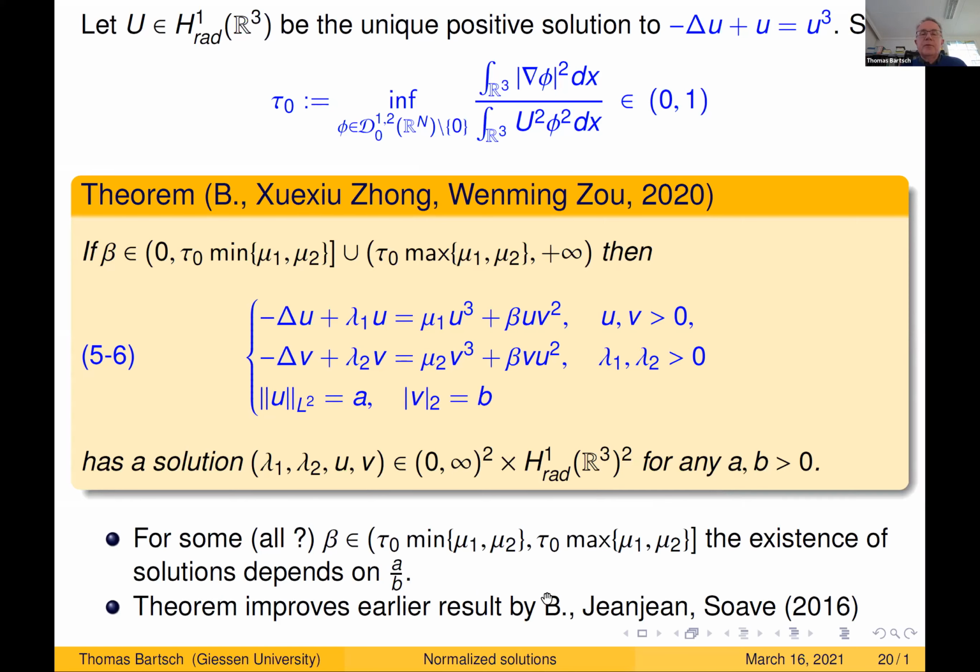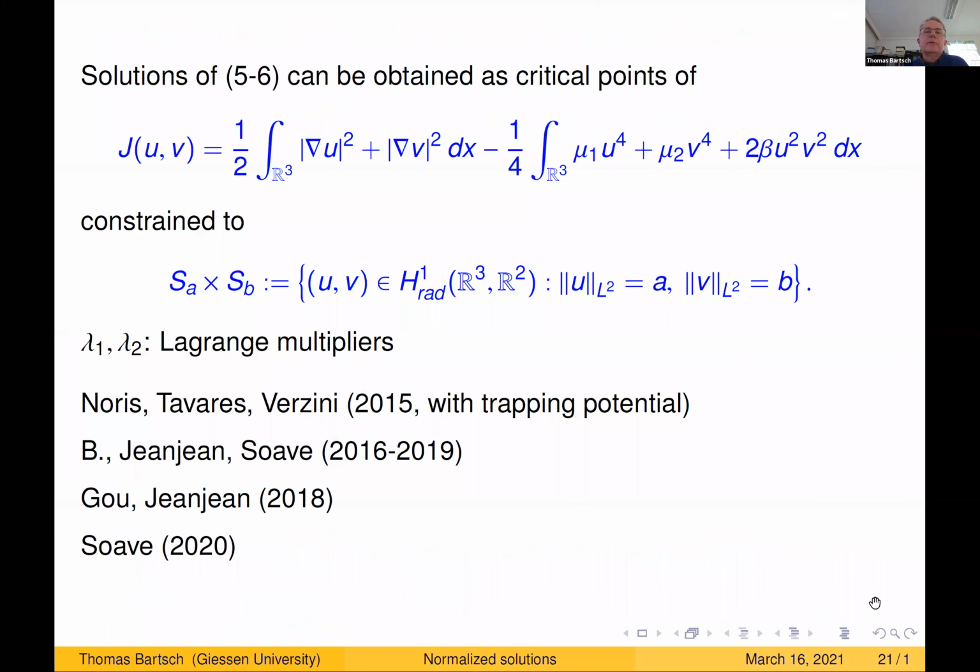And this result improves an earlier result with Louis Jeanjean and Nicola Soave, where the value of beta for which a solution exists also depended on A and B. So in this earlier result, there was not one range of beta so that we would have existence of solutions for all values A, B. In the paper with Jeanjean and Soave we used variational methods, and just to be short, there's a functional associated with it.